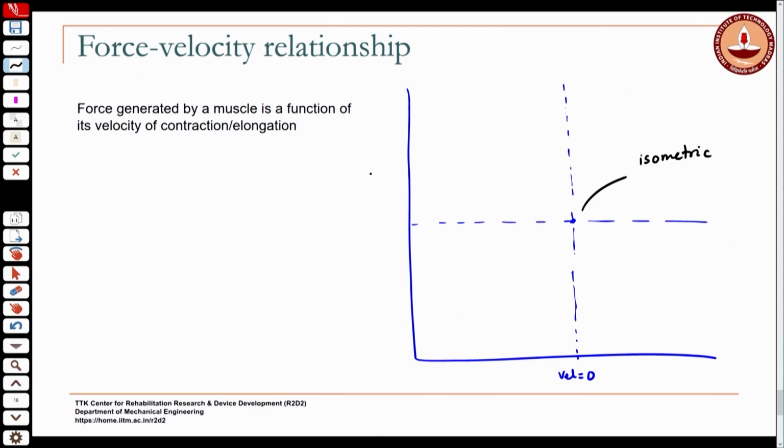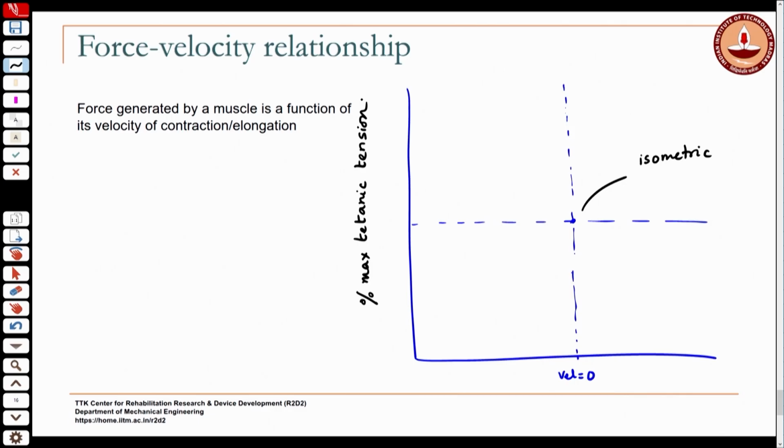So, let us do this force as percentage of the maximum tetanic tension. You remember tetanic, when it is acting tetanically, it has reached that steady state. So, this is your isometric.